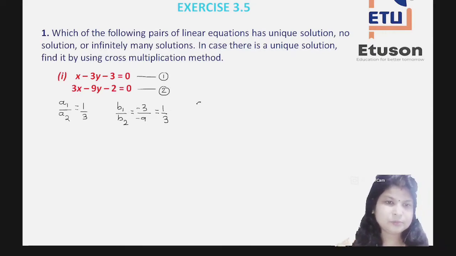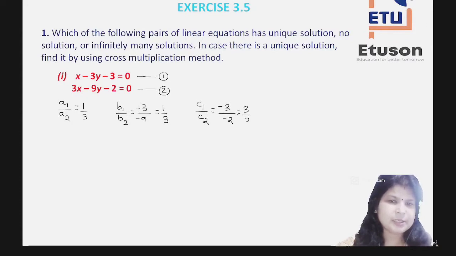Then c1 divided by c2. What is c1 in equation 1? It is minus 3, right? What is c2 in equation 2? It is minus 2, right? So what is the answer? 3 by 2. Then are you getting any relationship between a1 by a2, b1 by b2 and c1 by c2? Yes.